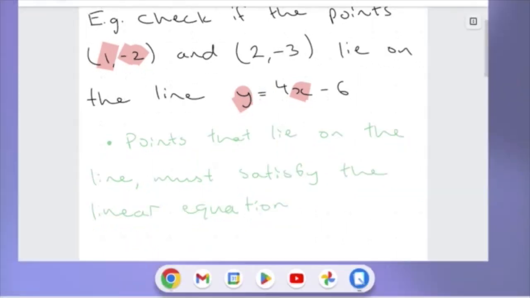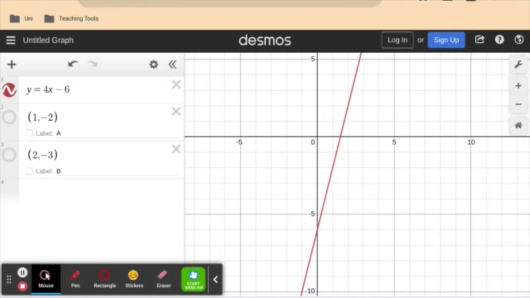Now, if I take you to this graph here, we can think of these lines as being made up of infinitely many points, x and y, that satisfy this equation. You can see I've got a bunch of points infinitely close together that join together to make up this line.